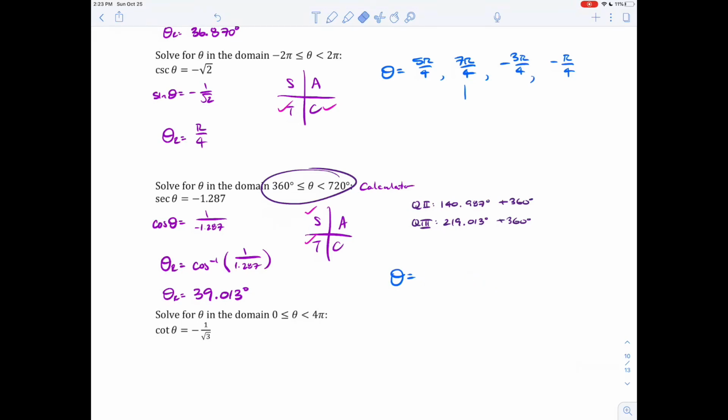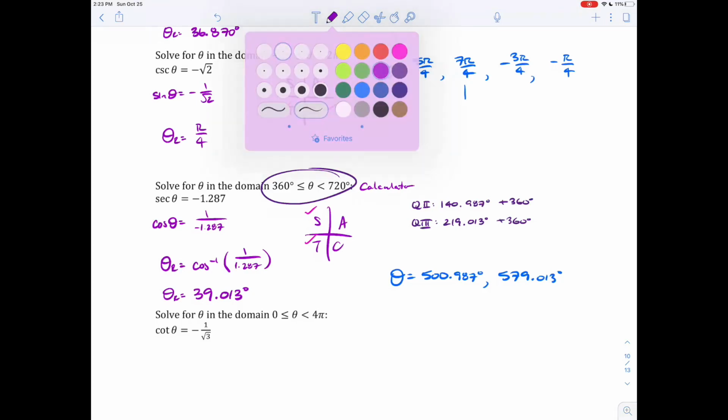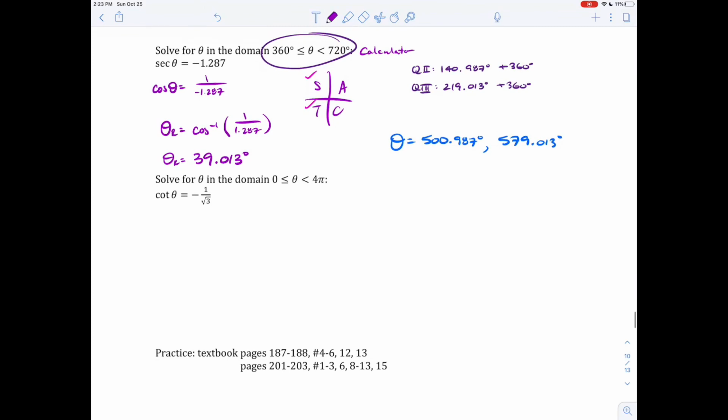I need 140.987 plus 360. There we go: 500.987 degrees. And then the other one, 219.013 plus 360, is 579.013 degrees. Whew. I know this is a long one, but last question here.